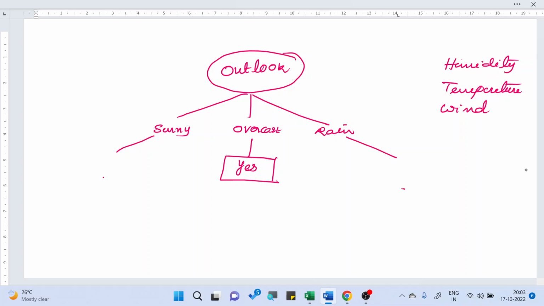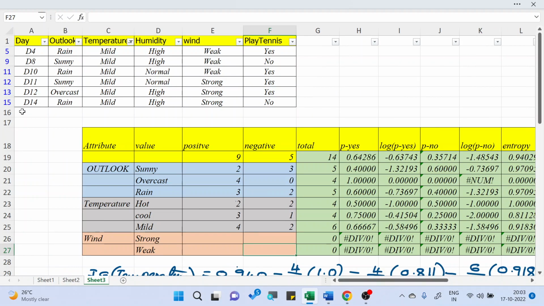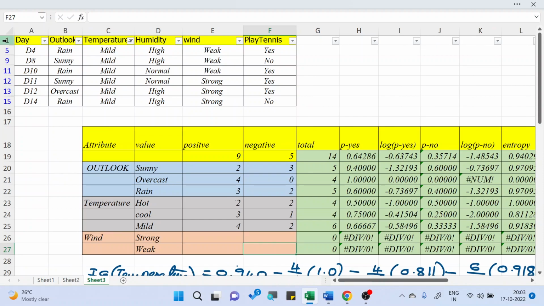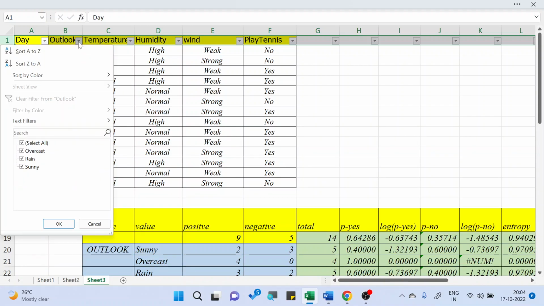So where should we place these? Here or here? Again, outlook is equal to sunny, and humidity. So now what we do is, instead of dealing with the whole data, we will deal with the data where I take outlook as sunny.